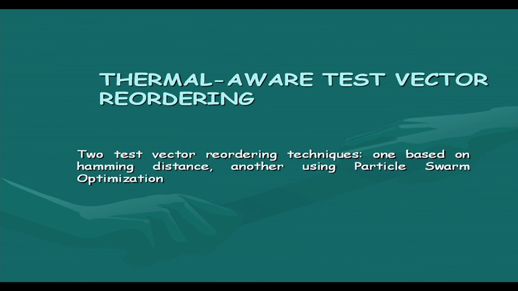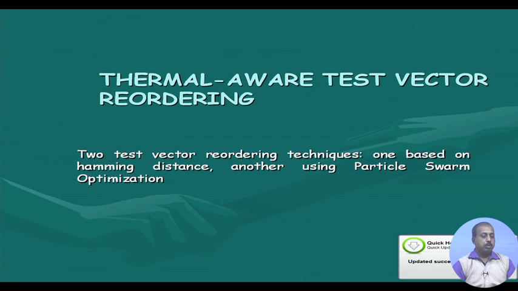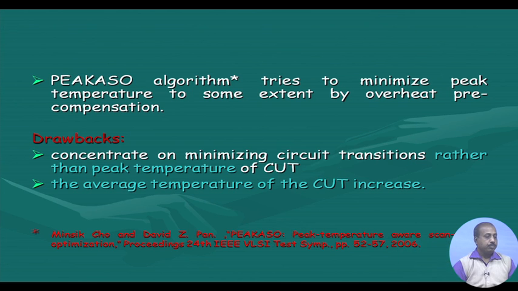We have seen that test vector reordering can reduce the test power. Similarly, it can also reduce the temperature. We will see a technique based on Hamming distance and another technique based on a more detailed approach known as particle swarm optimization.